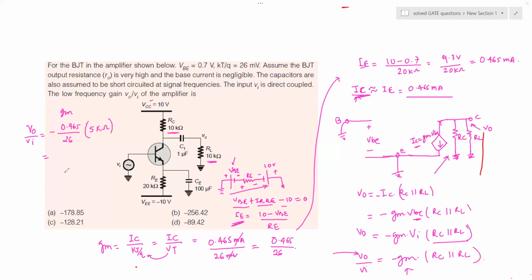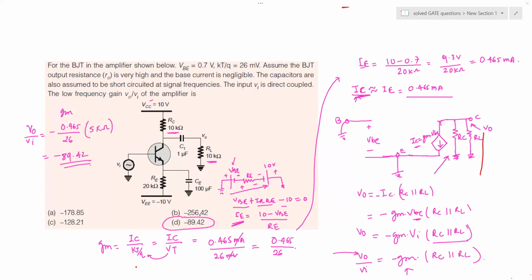If you solve this, let me check how much it comes out to be. That comes out to be minus 89.42. So your small signal low frequency voltage gain of this amplifier is option D, which is minus 89.42.